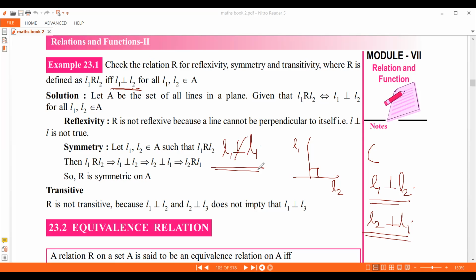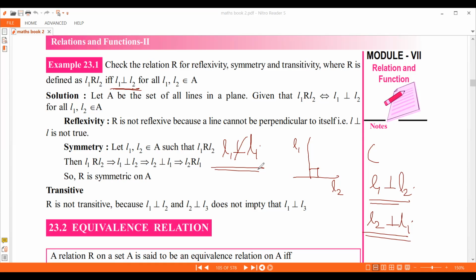So here reflexivity is broken. But you can get the symmetry. L1 perpendicular to L2 means L2 perpendicular to L1. That symmetry you will get.